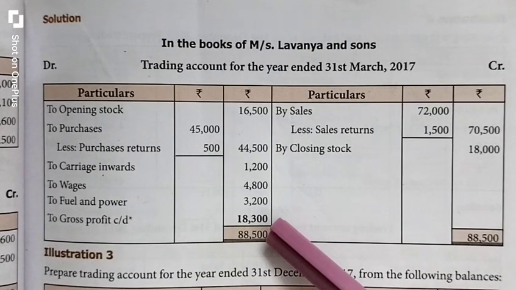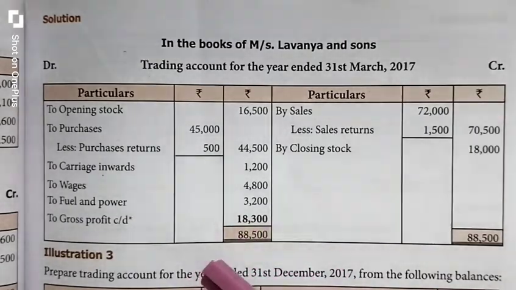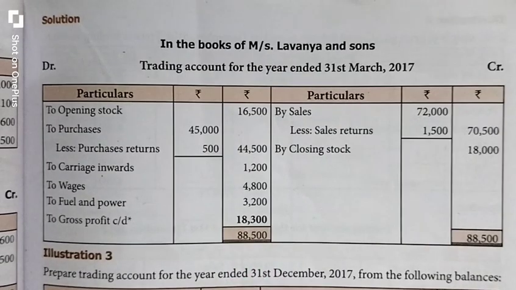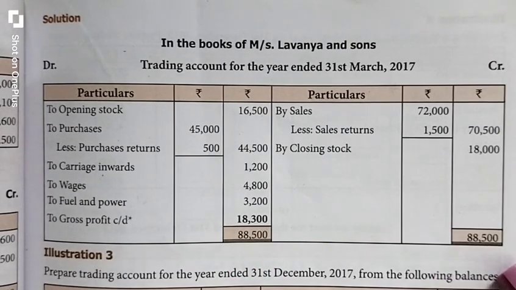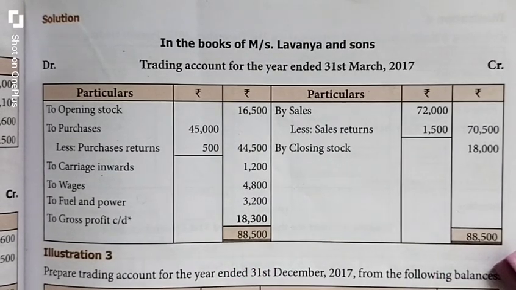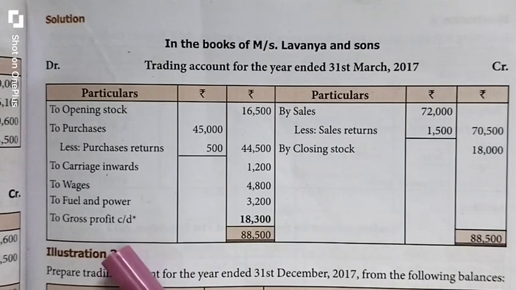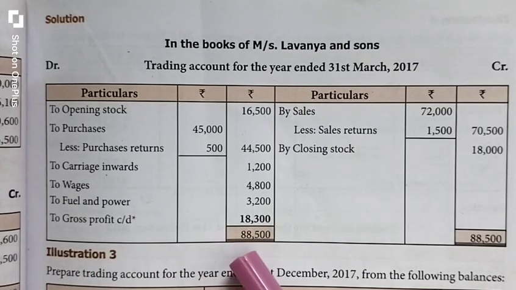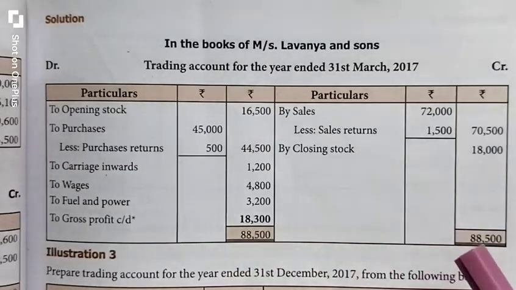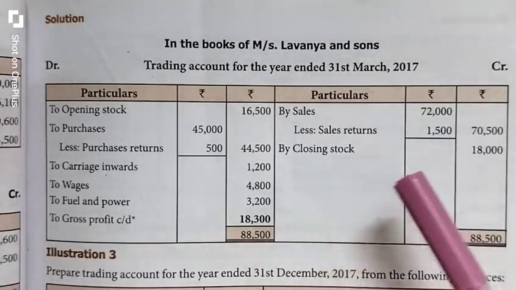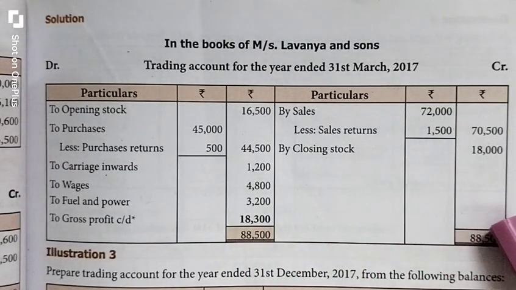So listen, if the total of the credit side is higher, the difference represents gross profit carried down. If the total of the debit side is higher, the difference represents gross loss carried down on the credit side.